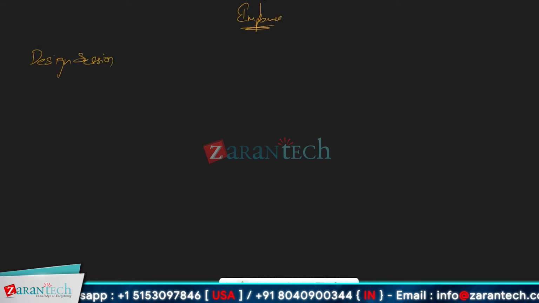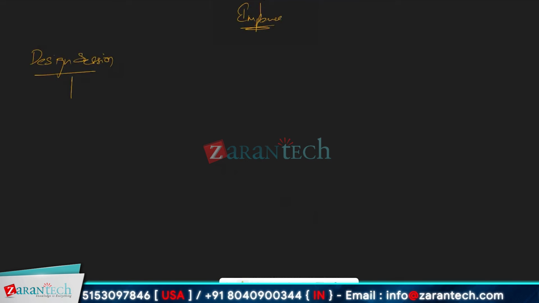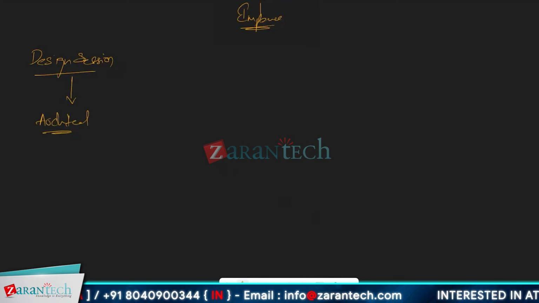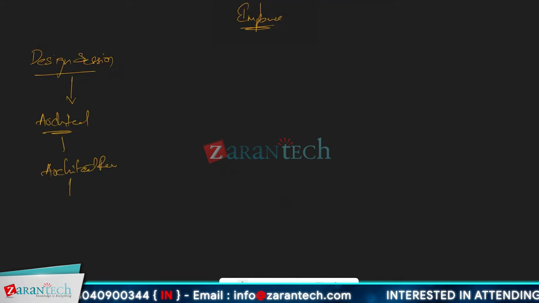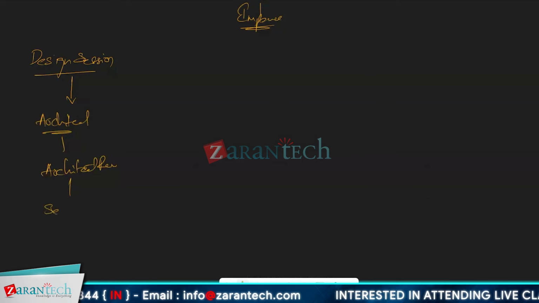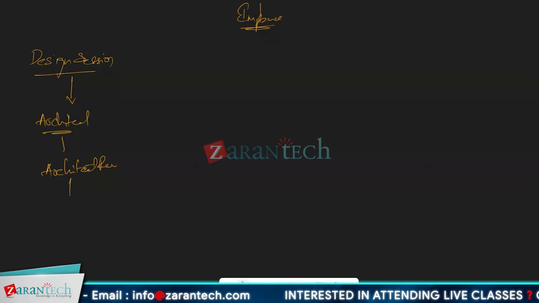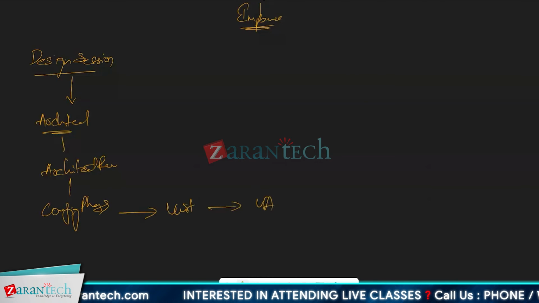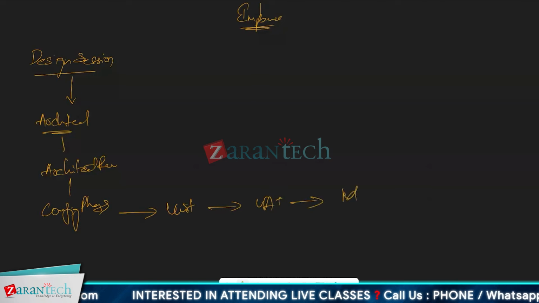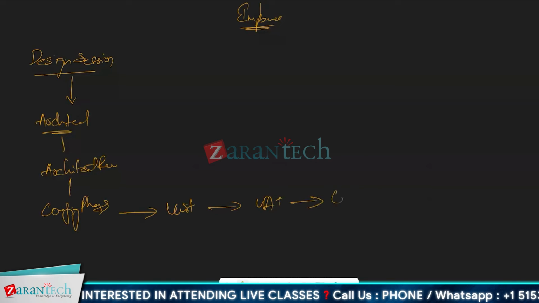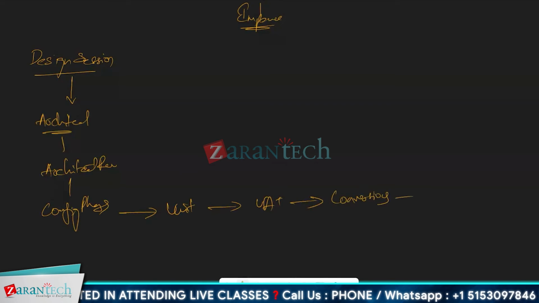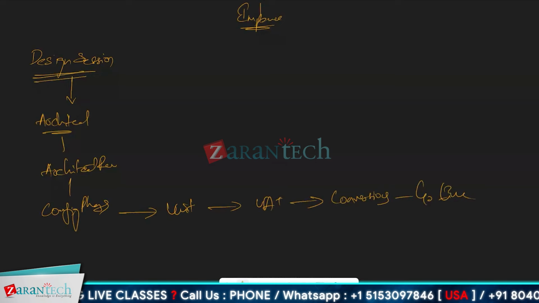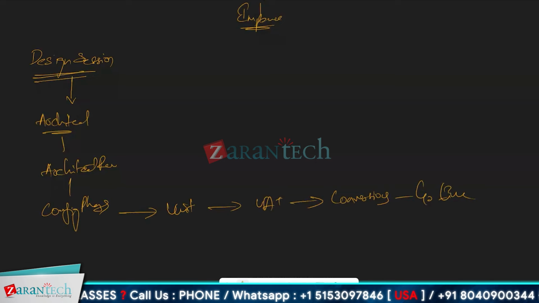It starts with design sessions, and then after the design sessions you will have architect sessions, architect review, then you have setup or configuration phase, then unit test, UAT, migrations, or you call it conversions, and go live.